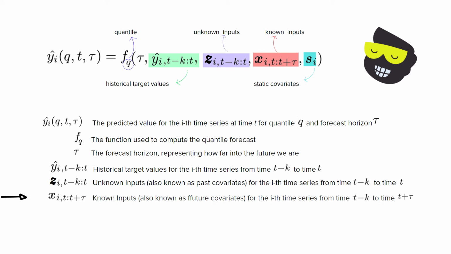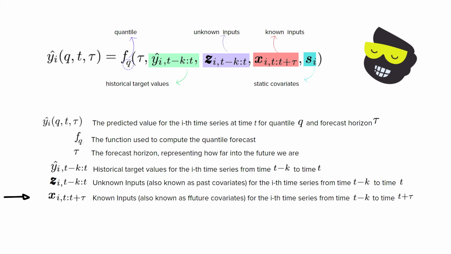Then we have known inputs, also known as future covariates, for the ith time series from time t minus k to time t plus tau. And these are inputs that are known in advance and include variables like holidays, day of the week, scheduled events.